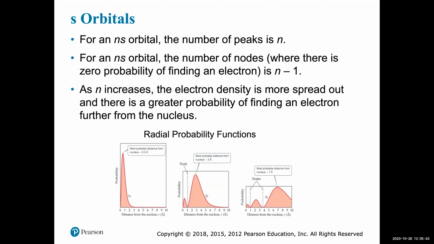If we look at these radial probability plots down at the bottom, we see as we go from 1s to 2s to 3s, we start to get nodes, and we also see that the most probable distance for the electron starts to move away from the nucleus as we go up to the bigger energy levels.